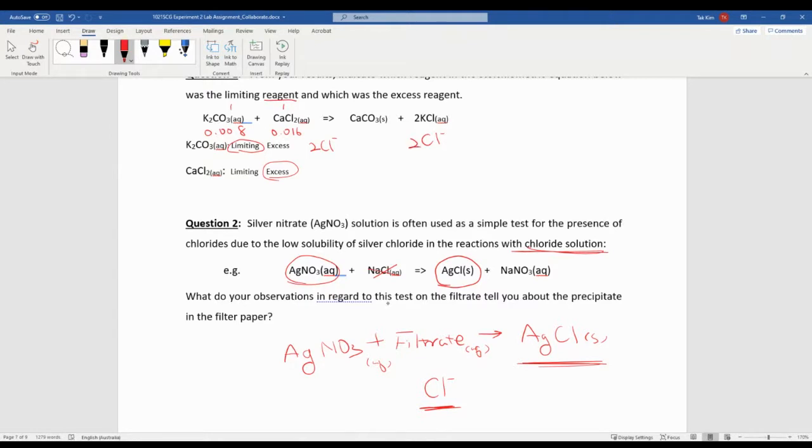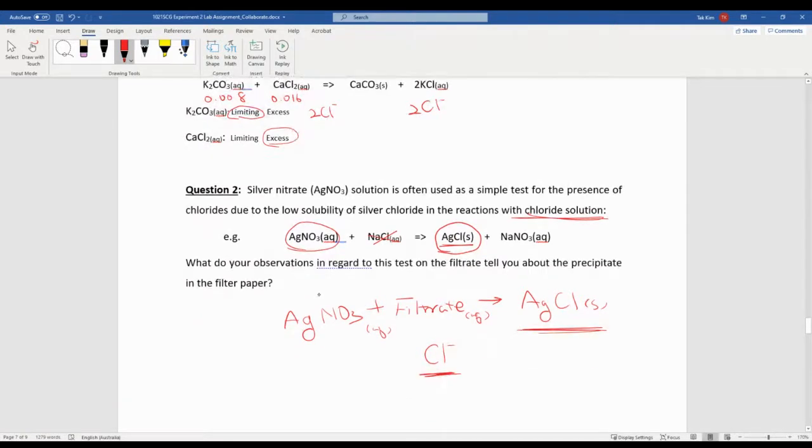Unless you wash multiple times, more than 10 times, and then collect your filtrate and add silver nitrate, you won't be able to see silver chloride forming. But in your experimental procedure, you were meant to wash 3 times with 20 milliliters of water, which is not enough, right? You have a lot of sources of chlorine.